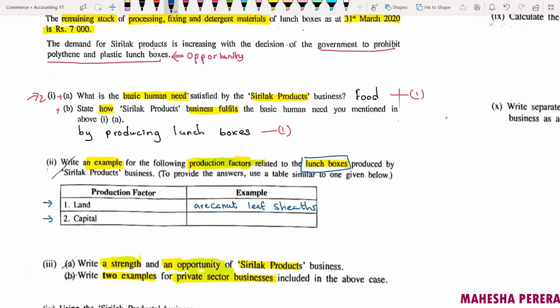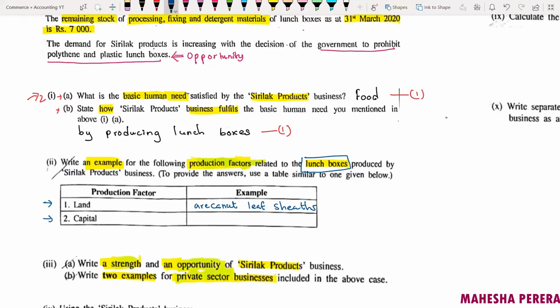Right, now what about the capital factor? Now, capital means actually the man-made resources used to produce the product. Now, this product is a lunchbox. So to produce lunch boxes, the man-made resources used. Right, now from the case, you had to find an example, right?